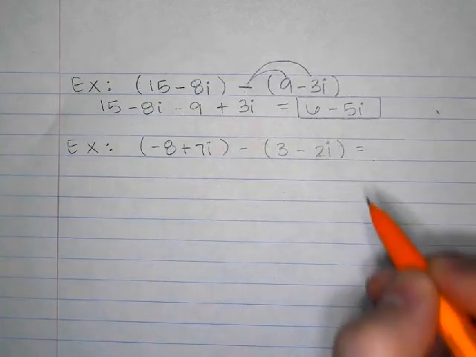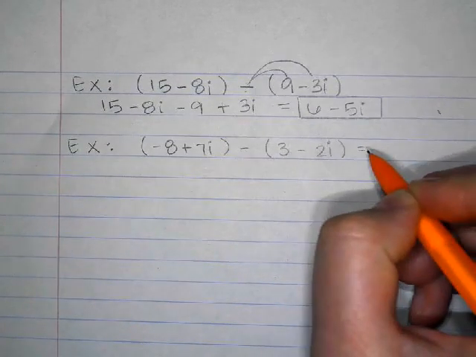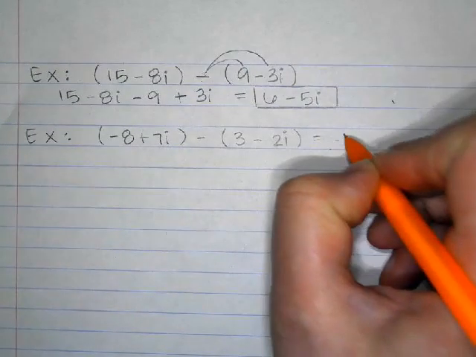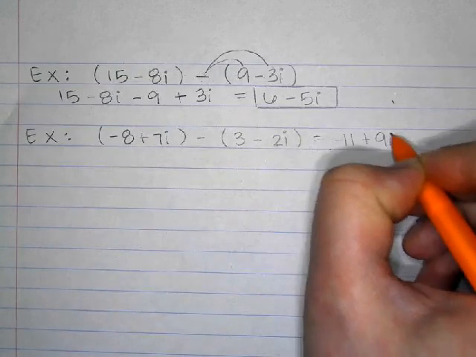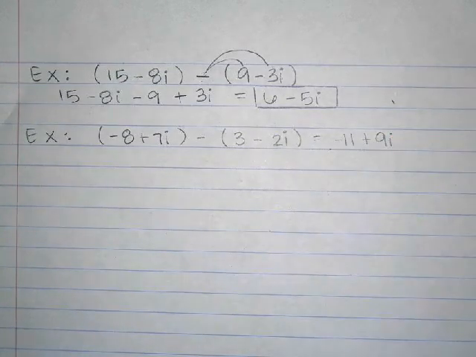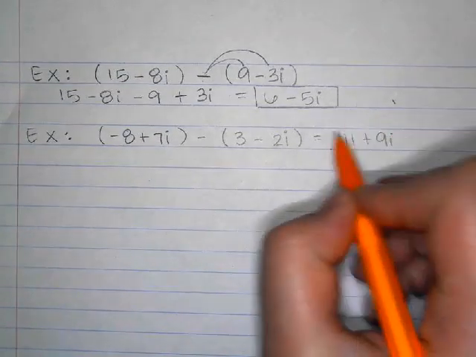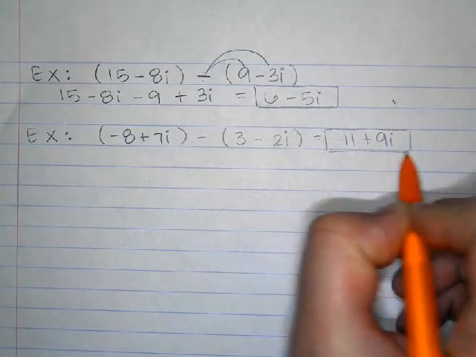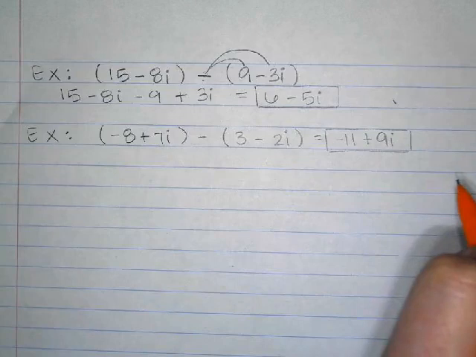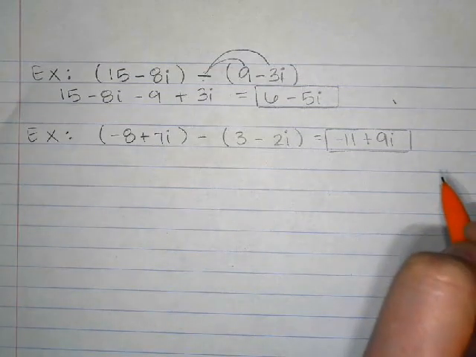What did we get? Negative 11 plus 9i. All right, we good? Negative 11 plus 9i. You didn't do the parentheses.